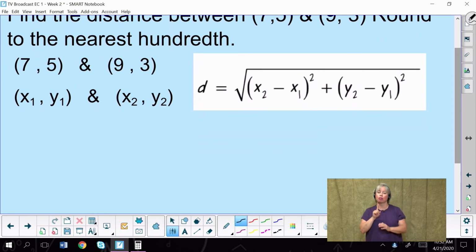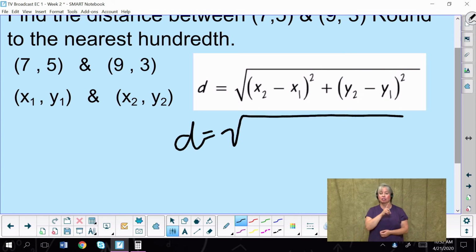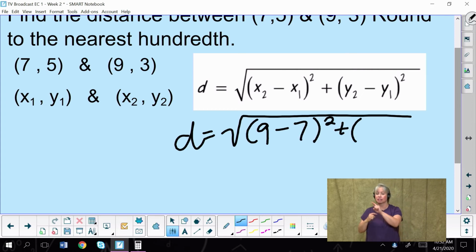Here we go. So our distance formula would give us x sub 2, which is 9, and x sub 1, which is 7, squared, plus y sub 2, which is 3, minus y sub 1, which is 5. Okay?